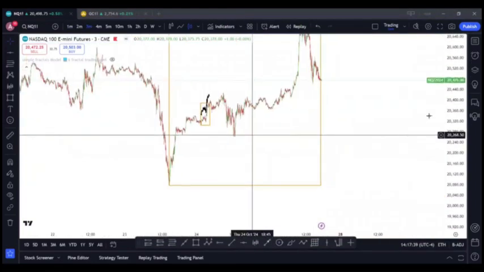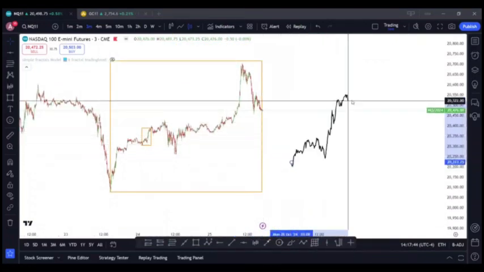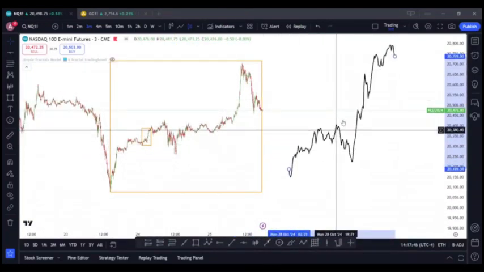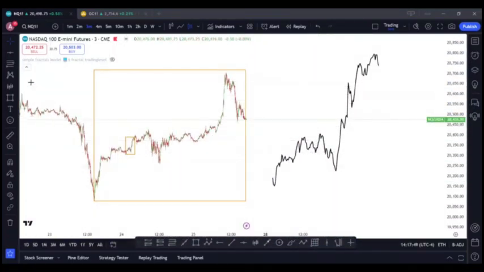This is very important to avoid these mistakes. If I take this fractal right here, I will always try to understand my fractal before I go to the chart and try to scale it. So I see right here, after the price goes and takes the low of this range right here, we have this pump on NASDAQ.